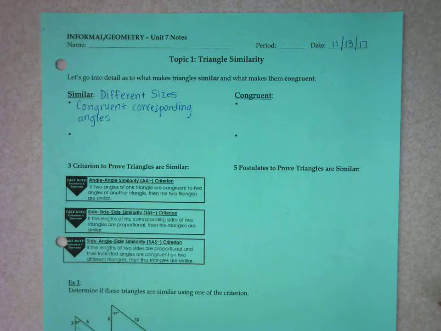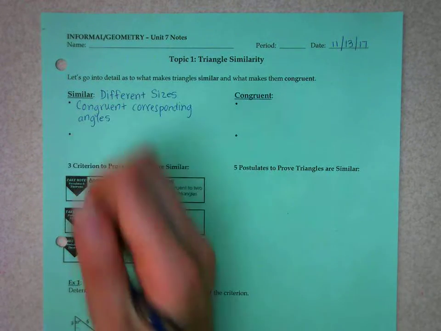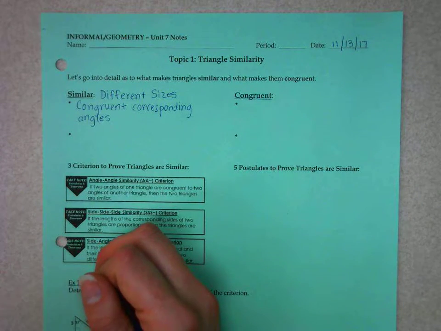Now, when you think about the sides of similar figures, the sides are not going to be equal because one figure is usually bigger than the other. So they are going to have different corresponding sides, but if you remember, they're going to have proportional corresponding sides. So we'll write down that the sides are proportional.